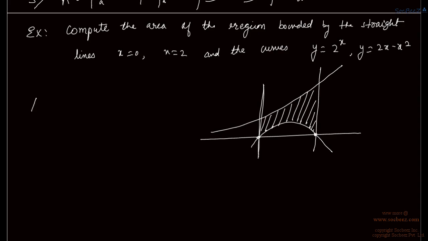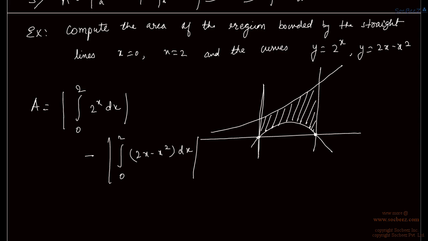So we have the area as the modulus of the integral of 2^x dx from 0 to 2 minus the modulus of the integral of (2x − x²) dx from 0 to 2. The integral of 2^x is 2^x / ln 2 from 0 to 2, minus the integral of 2x − x², which is x² − x³/3, from 0 to 2.